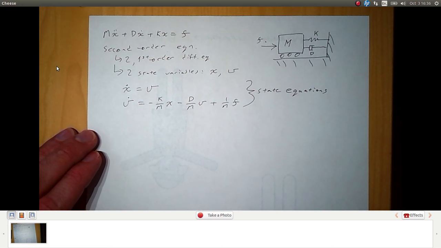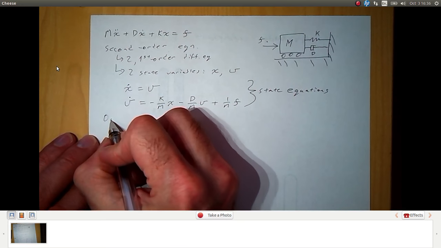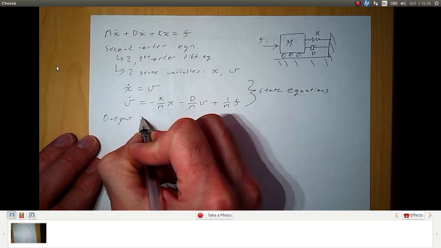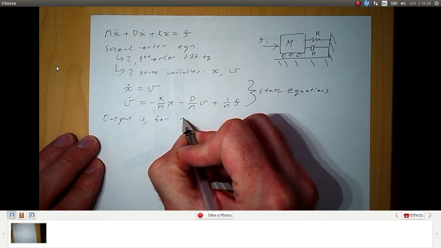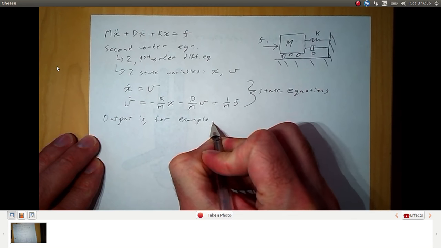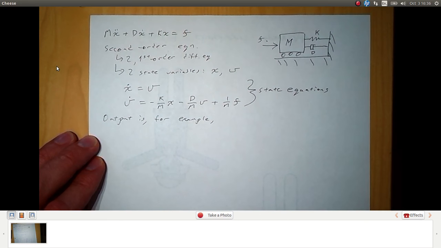And now let's say the output is going to be the force from the spring and the force from the damper.